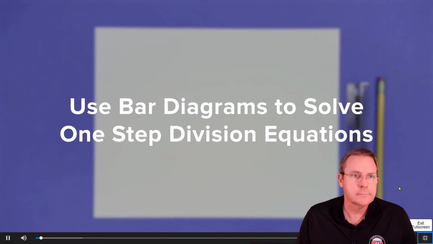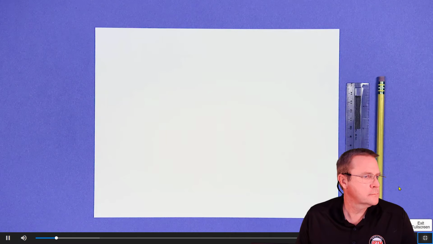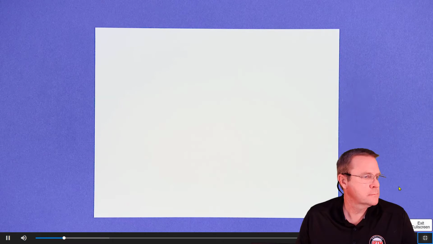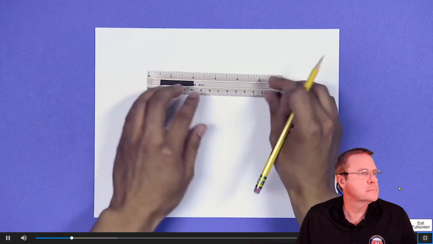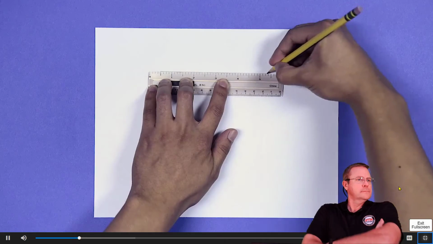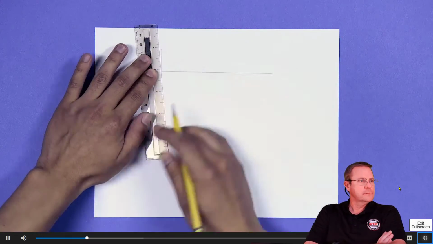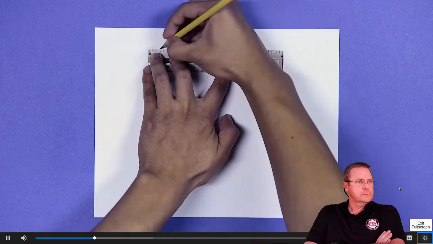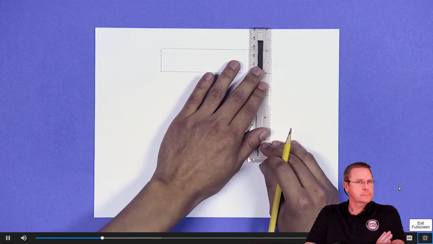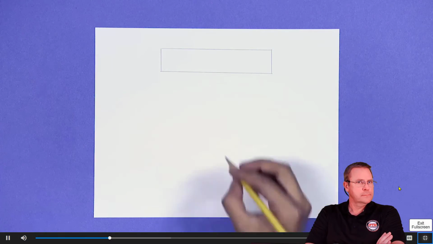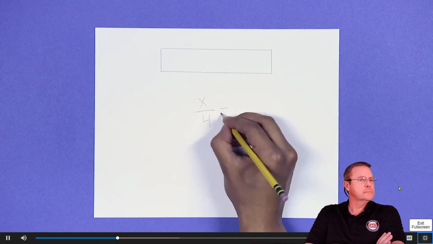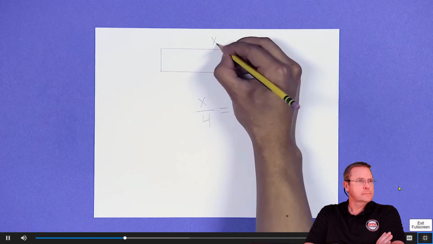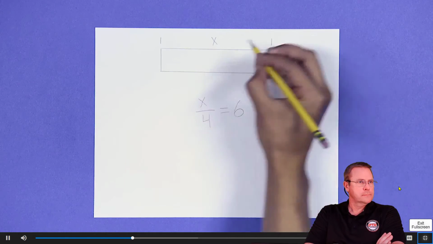Use bar diagrams to solve one-step division equations. Use a bar diagram to solve x divided by 4 equals 6. Draw a bar to represent the total. The total length of the bar diagram represents the dividend, x.